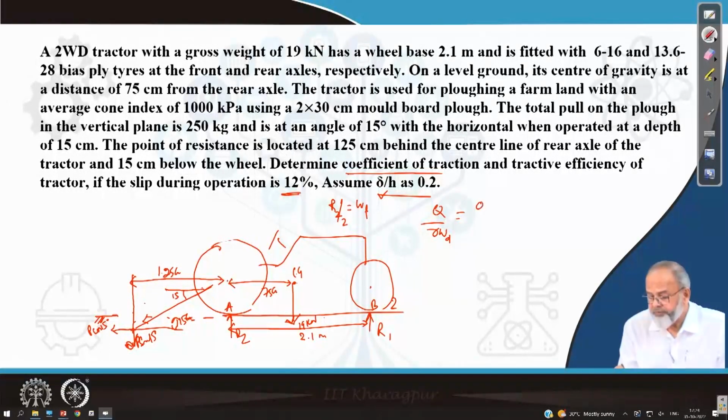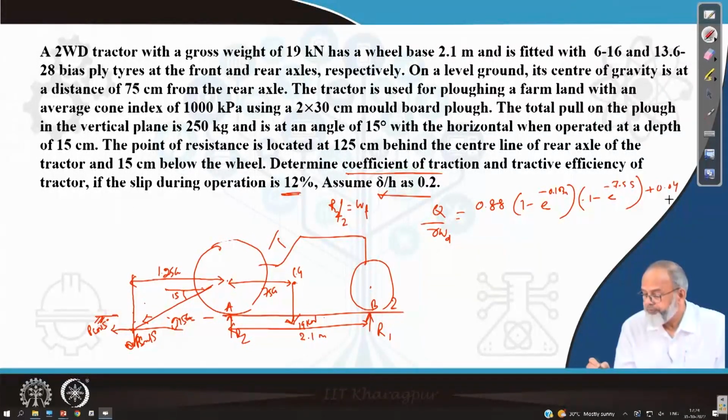That will be equal to 0.88 into 1 minus e to the power minus 0.1 Bn, into 1 minus e to the power minus 7.5 s, plus 0.04. In this equation, we have calculated Bn for the rear wheel, and s is given as 12%, 0.12.